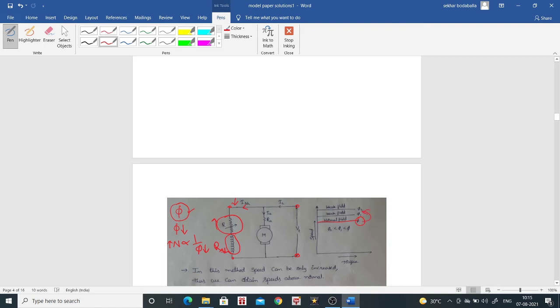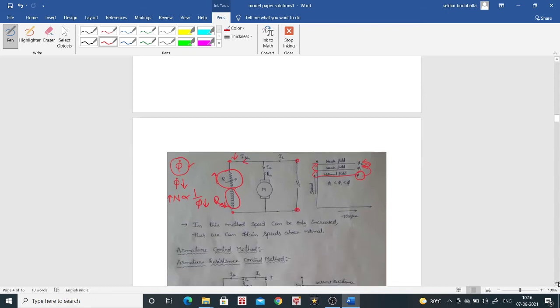If the flux decreases, speed increases, so the speed rises from the normal speed to more, meaning we are running the motor above the rated speed. If I decrease the flux further, by increasing the resistance R, the speed will further increase to this point. So in the field control method, we can control the speed of the machine above its rated speed. I hope it is clear.